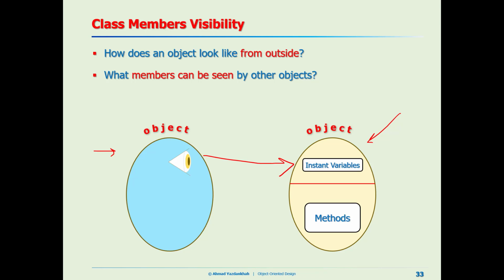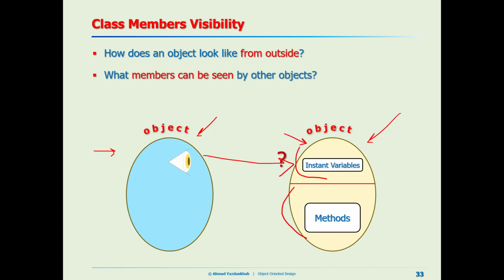What does it see from these members? So these instance variables, these methods, this is our focus in this section. What does this object see from the outside of the first object?